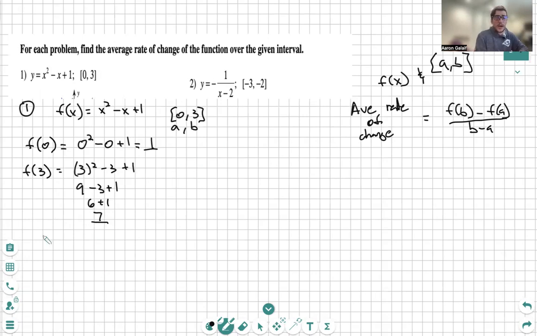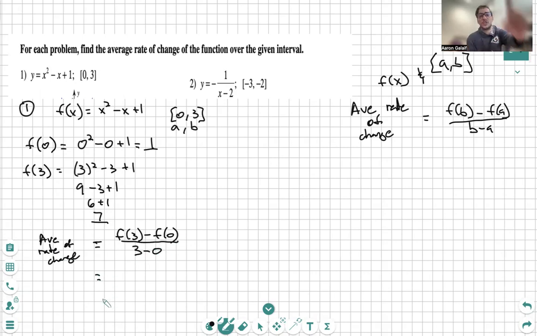All we need to do now is plug into our equation, average rate of change. And we know it's going to be f of b, which we know is f of 3, minus f of 0, all over 3 minus 0. Next, we're going to plug in those values that we have solved for f of 3 and f of 0 already.